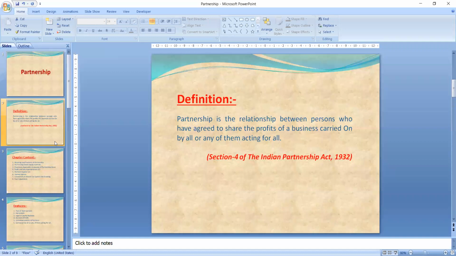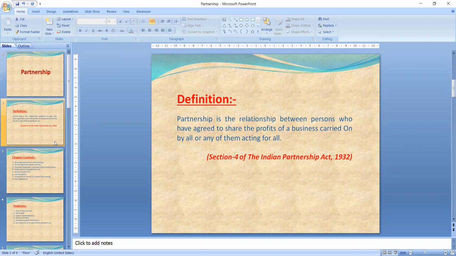You can see the screen presentation. So partnership is a relationship between two or more persons. Two or more persons are required for partnership, because a single person cannot start a partnership. It will become sole proprietorship.